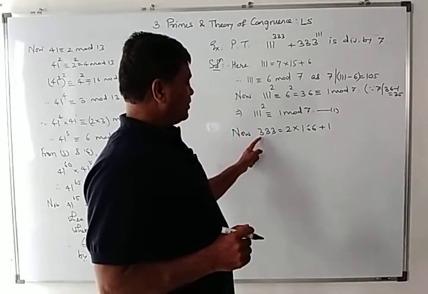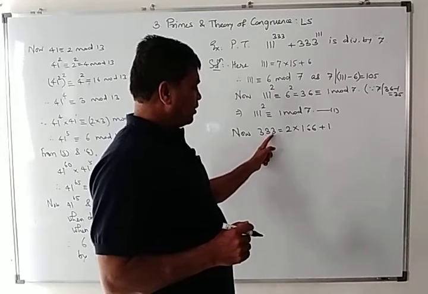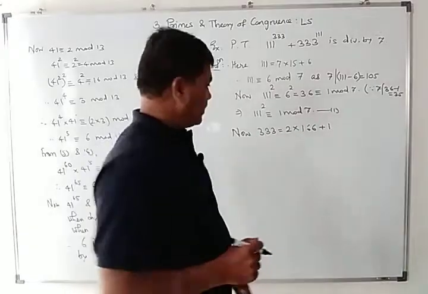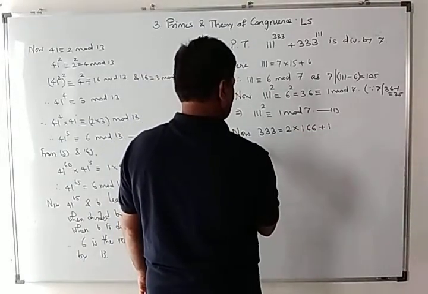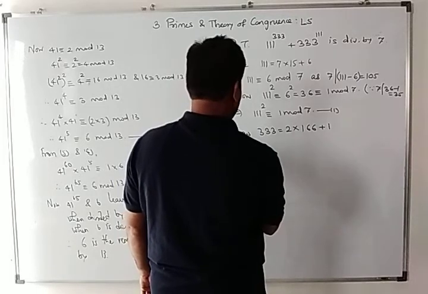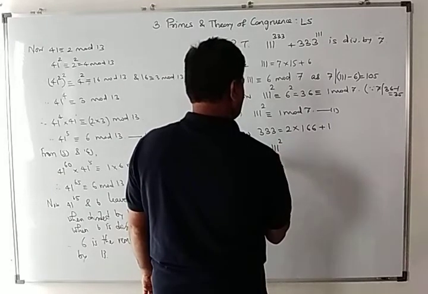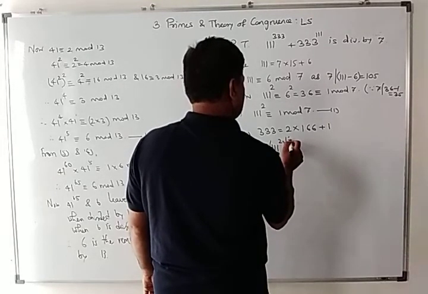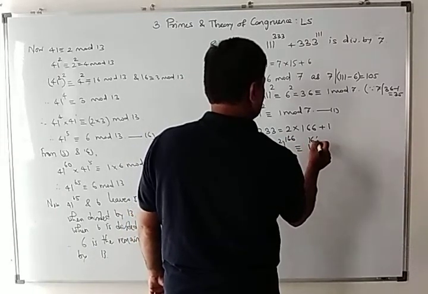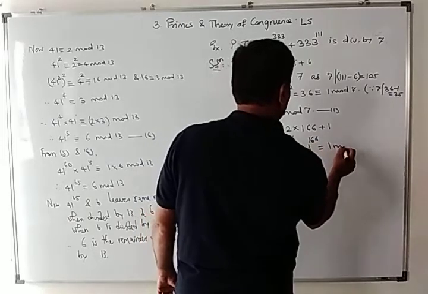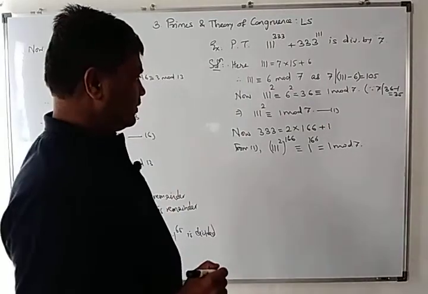Okay. So, from this, 111 square raised to 166 is congruent to 1 raised to 166, which is equal to 1 mod 7. Is it clear?